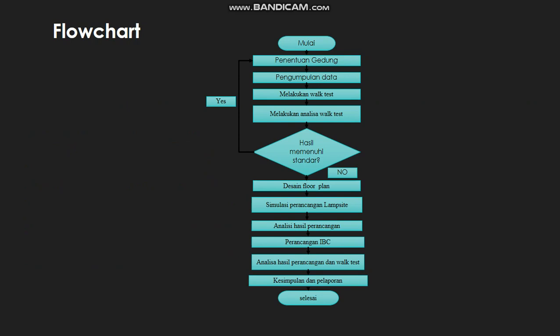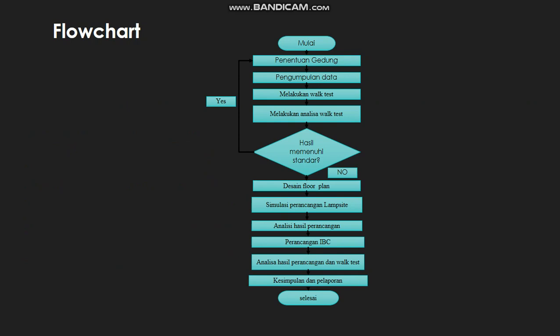We analyze with the IBC system, and then we analyze the simulation result to know how good and how strong the signal will be if we do IBC in that place. Then we realize the IBC, we build the IBC in the room, and after that we analyze again with a walk test.